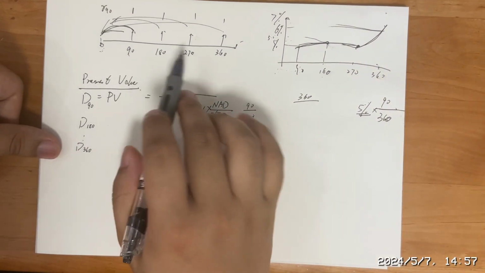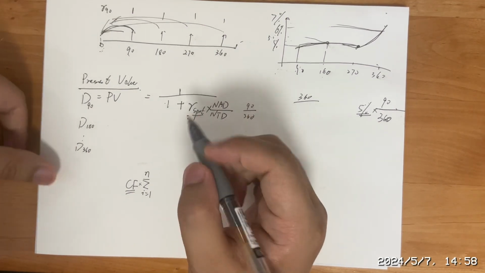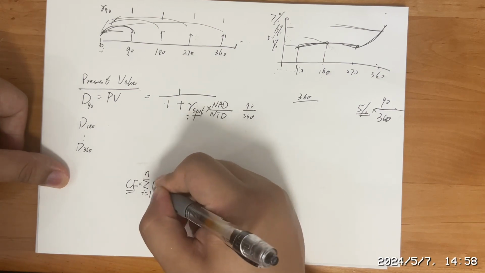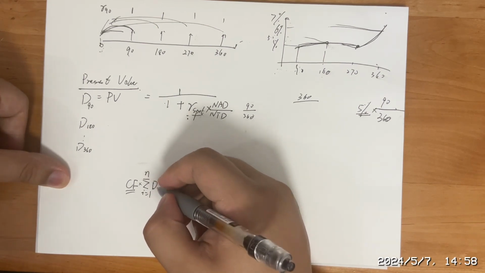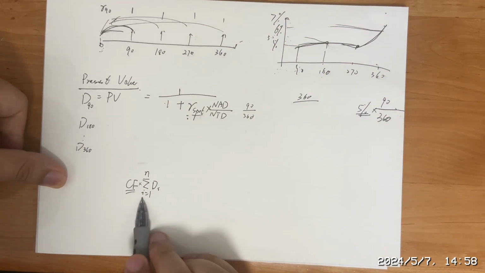Okay, so because you got multiple payments, and all that is the present value factor or discount factor. I'm going to use D for discount. That specific discount factor.